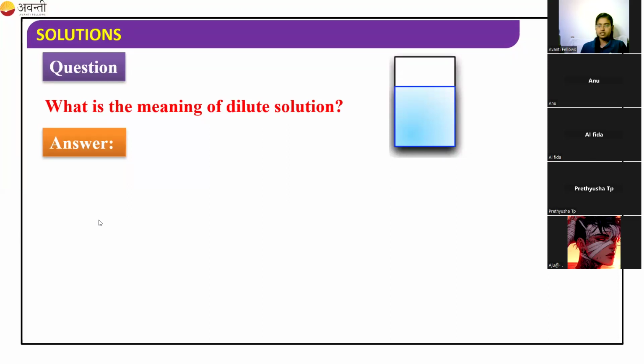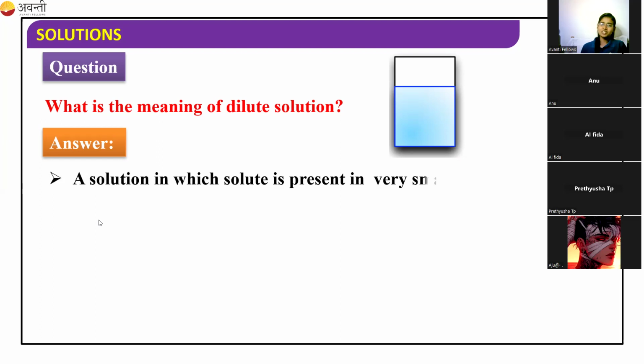A solution in which solute is present in very small quantity. JNV Anand students are saying where the concentration is very less. That is also the correct answer, but it looks a little funny. No issues, good. A solution in which solute is present in very small quantity is called a dilute solution.